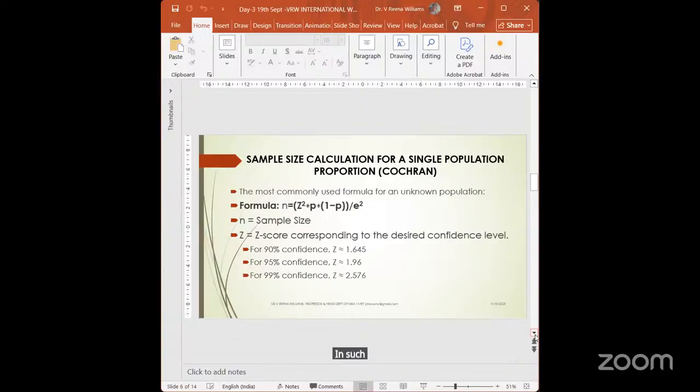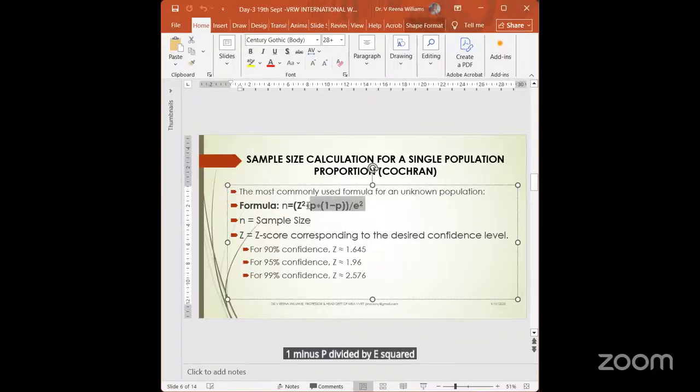In such cases, this is the formula that we use: z square into p into 1 minus p, divided by e square. And what is z? It's a z score. How do you get this value for z? I told you earlier, we are talking about 90% confidence, 95% confidence, and 99% confidence.